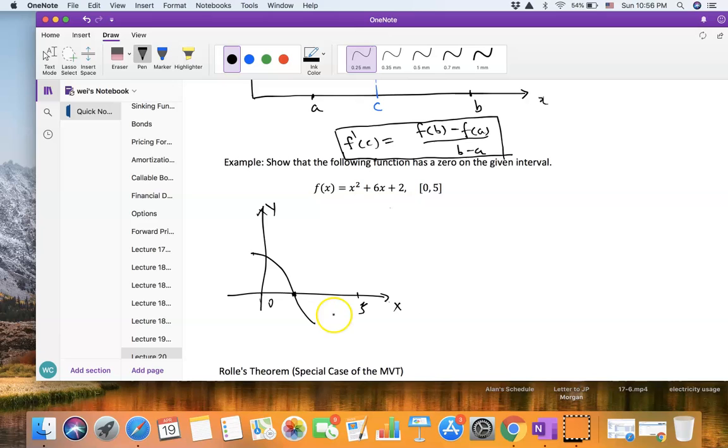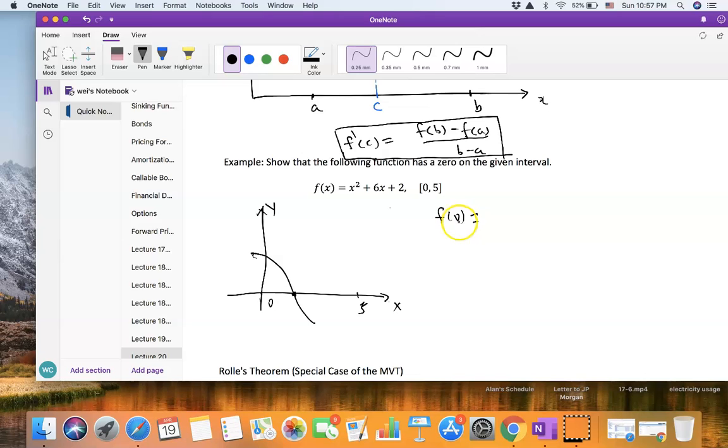Okay, so how can we show that? To show this, we evaluate the function at these two endpoints. If one of them is positive and another is negative, then the function must pass the x-axis because this function is continuous. So if these two points are connected, the graph has to pass the x-axis.